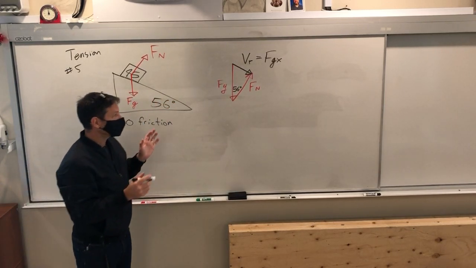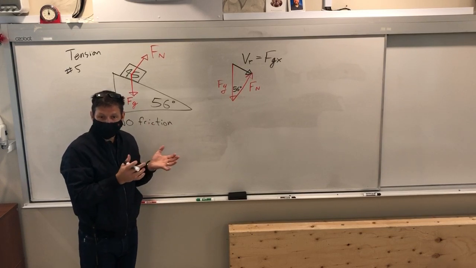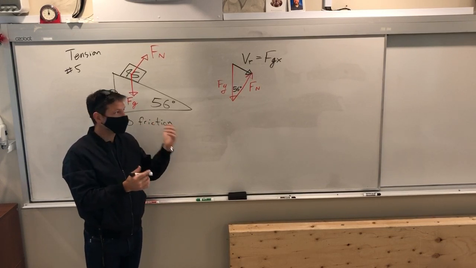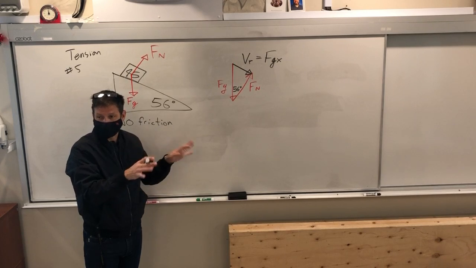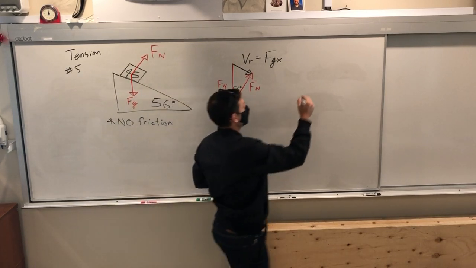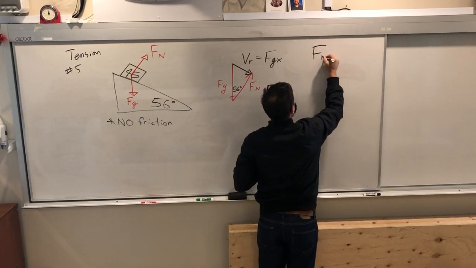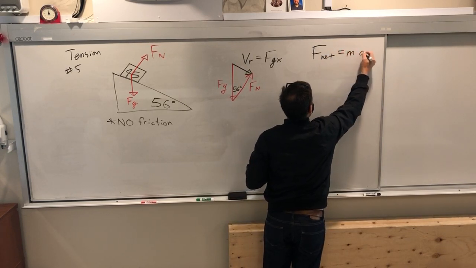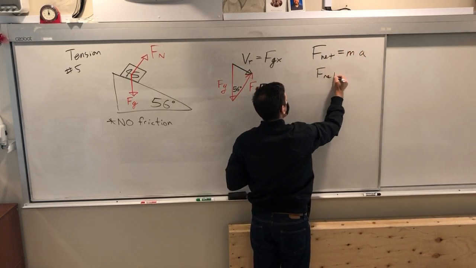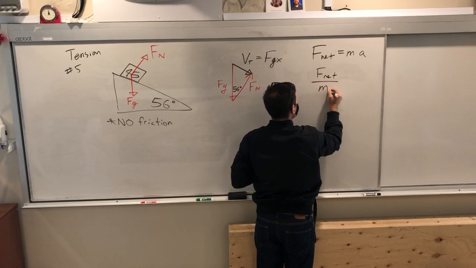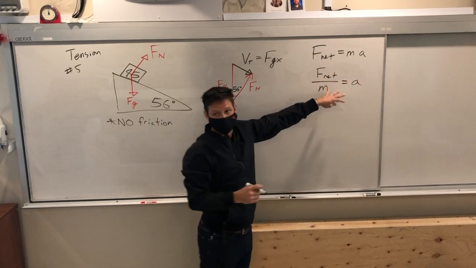The physics of this is really simple. You just have to find the force, and then the acceleration is no problem, right? We know that the net force is mass times acceleration. So once we get that net force, we can just divide by the mass and that'll give us the acceleration.